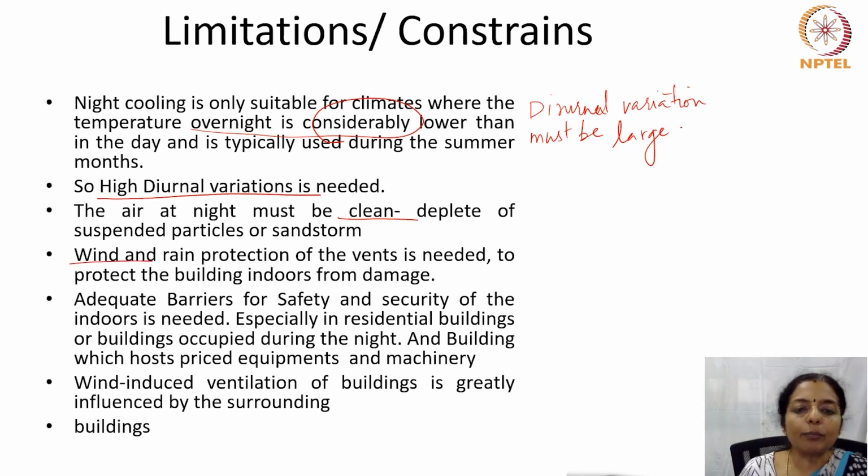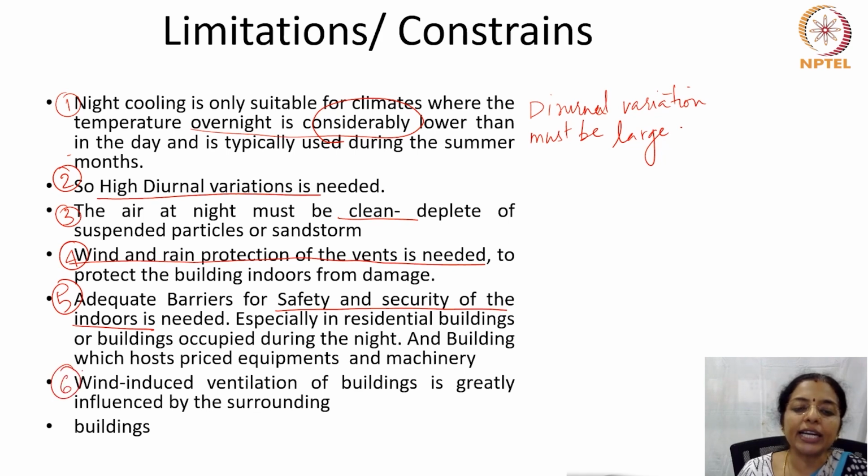Wind and rain protection of the vents is needed to protect the building indoors from any damage. Then fifth, adequate barriers are needed for safety and security of the indoors, especially in residential buildings or buildings occupied during the night and buildings which host prized equipment and machinery.